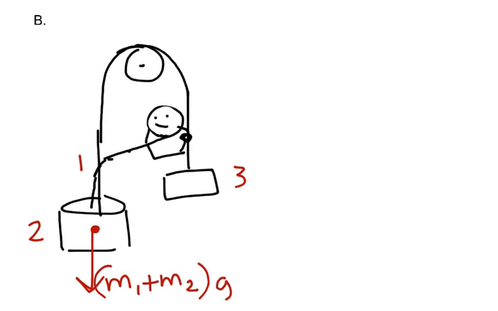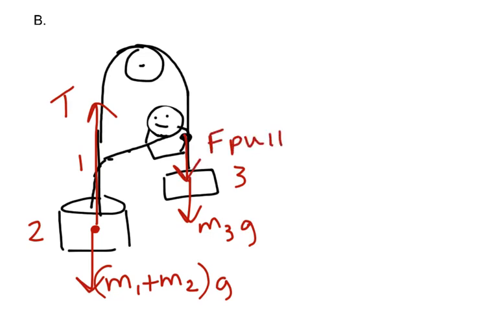So that's the weight on the left side. We also have the force of tension acting upward on the rope that's holding the person there. And on the right side, we have the weight of object 3, m sub 3 g. We also have the force that the person is applying. They're pulling down as they pull down.